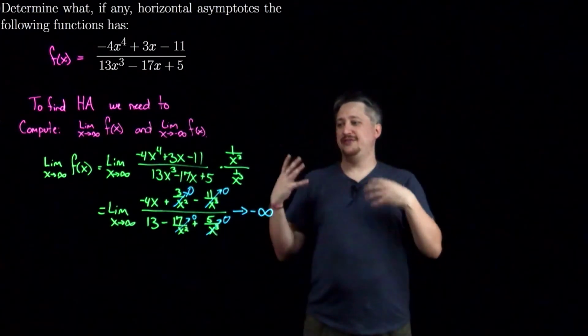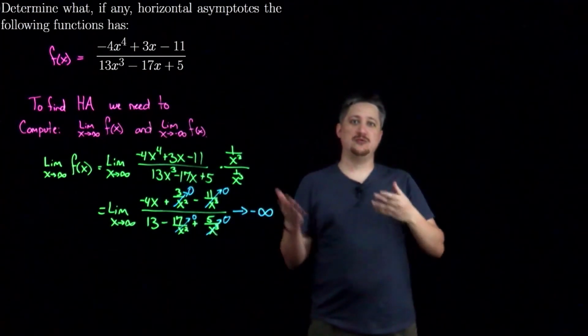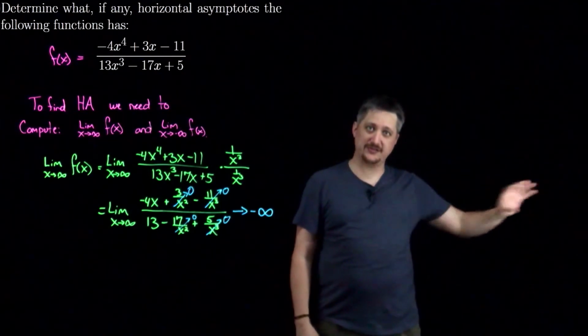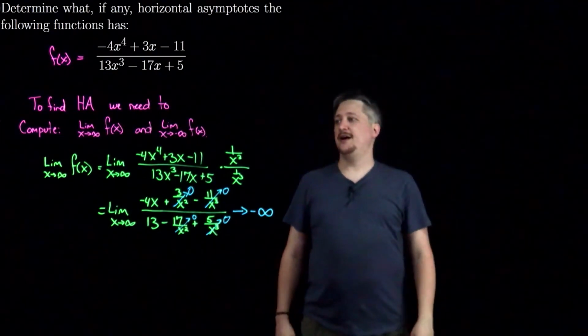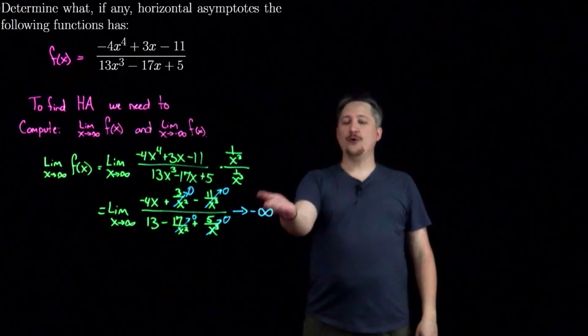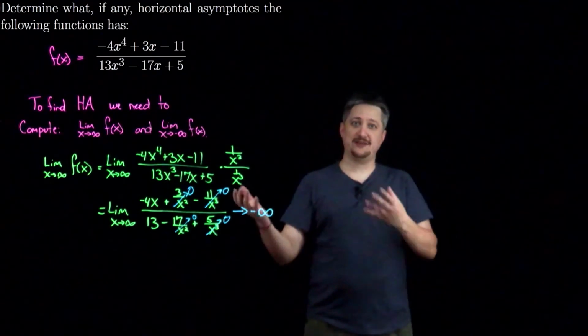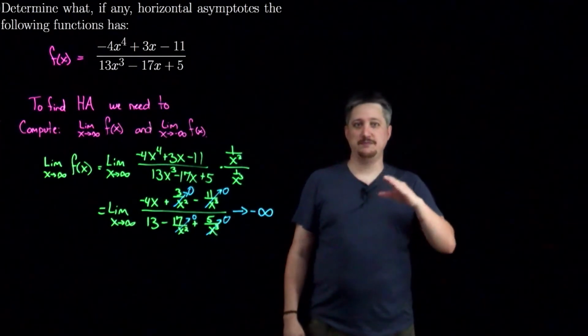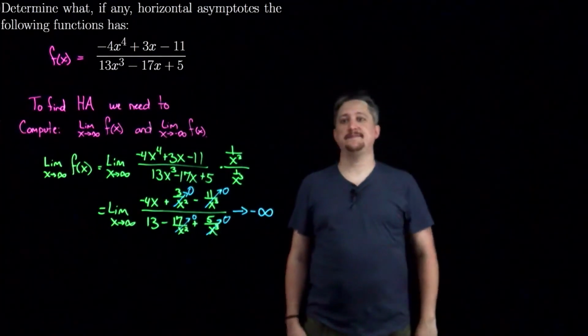And so this is telling me that there's no horizontal asymptote in the sense of a line that the function is staying toward. But it's also telling me at the same time that it's getting pulled down to this negative infinity over time. It's getting more and more and more negative. Okay?